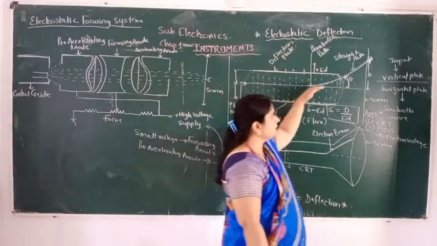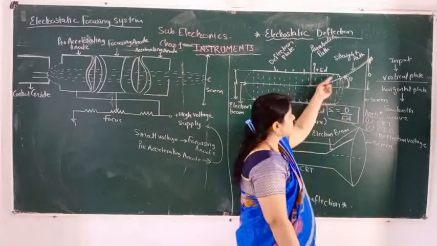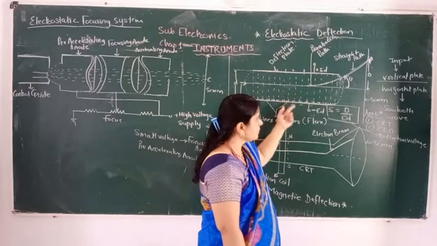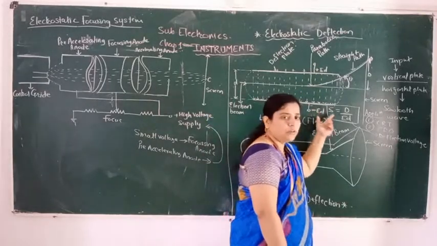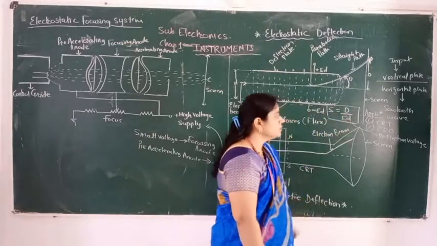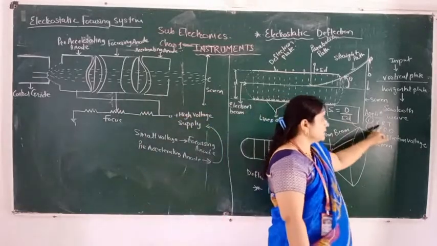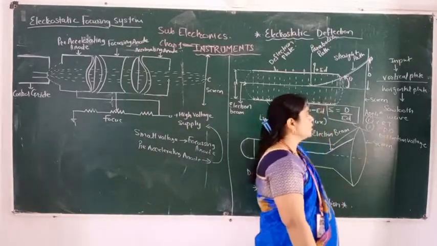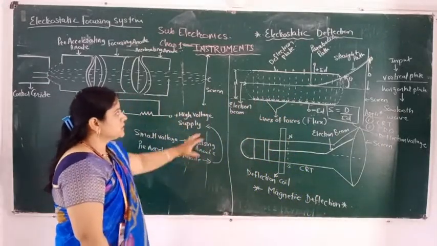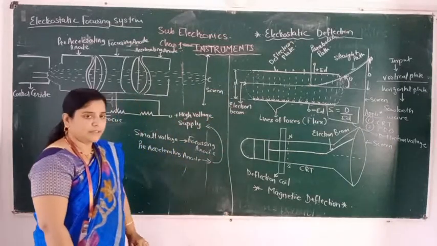It will turn upward and makes the angle theta or parabolic path in this figure. The sensitivity can be calculated by the ratio of deflection upon deflecting voltage. These are used in the CRT, cathode ray tube, and the CRO, cathode ray oscilloscope. This is electrostatic deflection. Next is magnetic deflection.